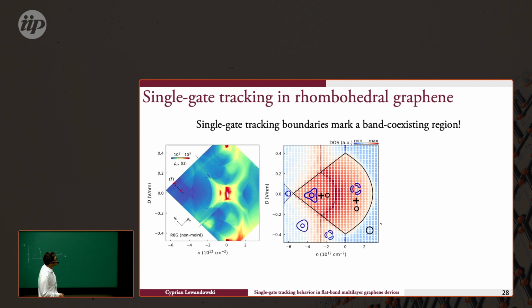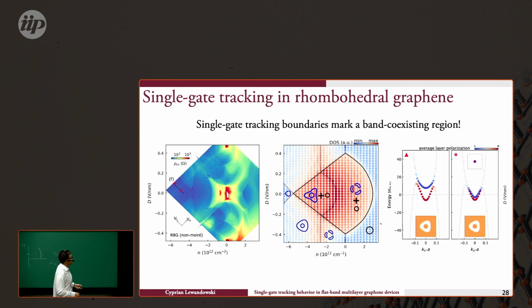Okay, so if I repeat my analysis, but this time I am treating Hartree-Fock faithfully, and I actually don't need to do this parallel plate model, then I would indeed capture the emergence of the boundaries, okay, which are marked here in black. So that's actually also that boundary here, but this is not gate tracking because of the layer polarization.